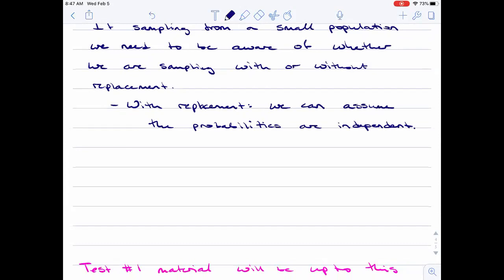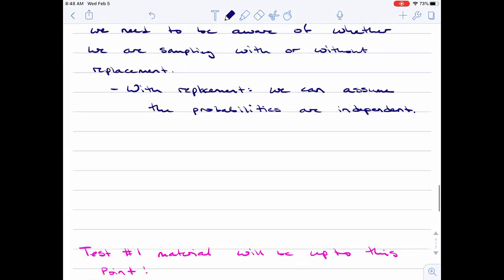That's important, right? Because if we're finding the probability of this and this, if they're independent, right? If we know they're independent, or we can assume that they're independent, we can just multiply those probabilities, right? Whereas if they're not independent, then we have to deal with the conditional probabilities, right?